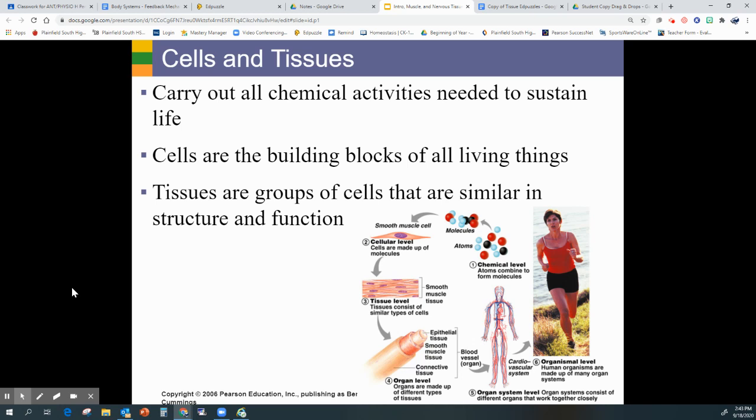Whether that is exchanging carbon dioxide and oxygen, getting rid of nutrients, bringing the vital nutrients like carbohydrates, proteins, lipids, all of those things to our cells, our cells carry those out for us, okay? We've already defined cells before, so that next bullet point shouldn't be a big issue. And then tissues, that's simply a definition of basic tissues, okay?